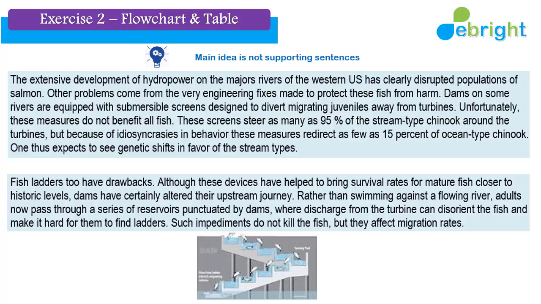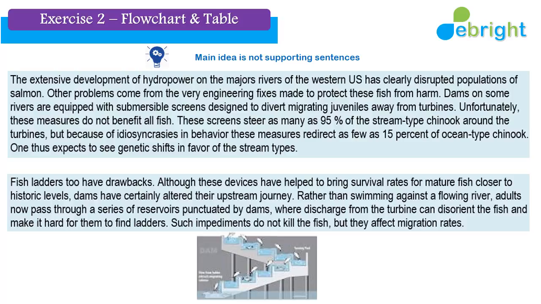Let's read along with me paragraph 6, the next problem. Made by humans, fish ladders have drawbacks. Although these devices have helped to bring survival rates for mature fish closer to historic levels, dams have certainly altered their upstream journey.